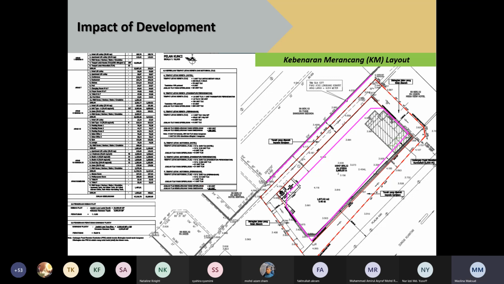And this usually will be provided by the planner. This also depends on our type of development. For example, if we want to build a school or institution, we are going to have a different number of variance types. So the variance will be different.